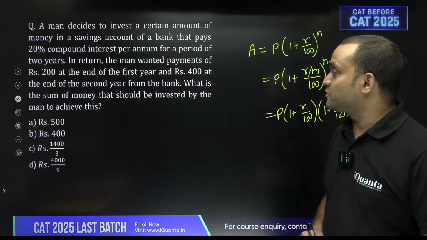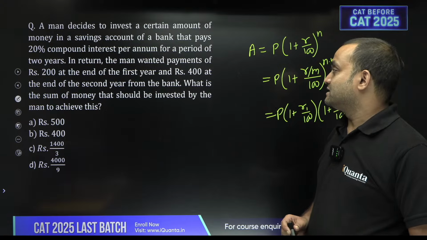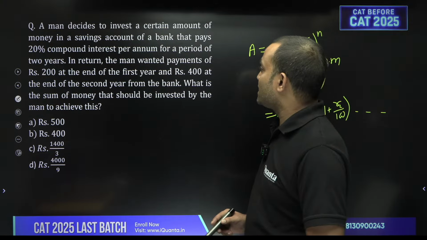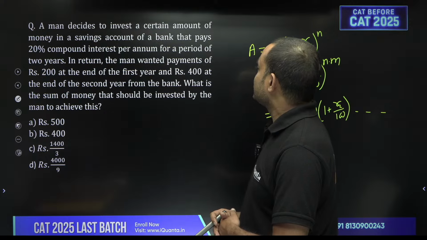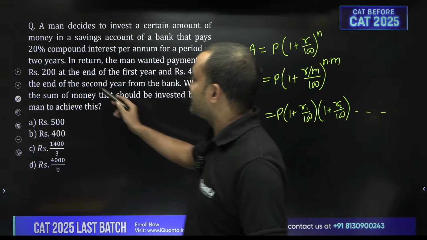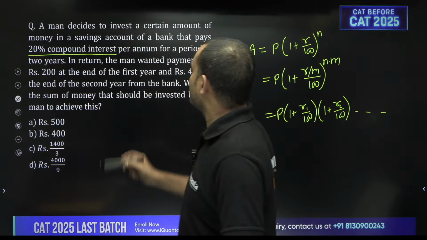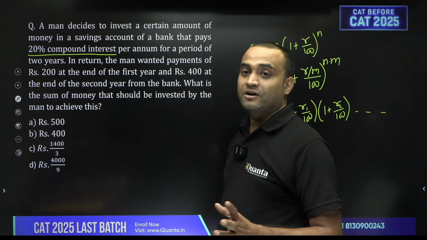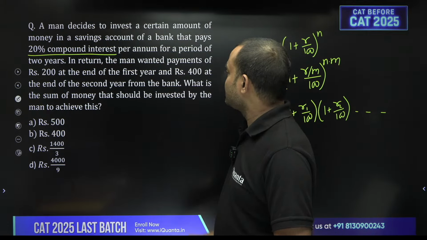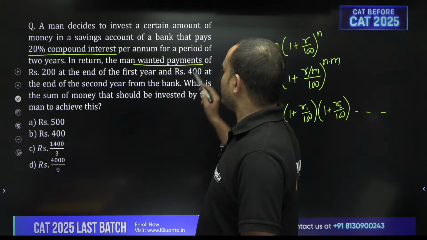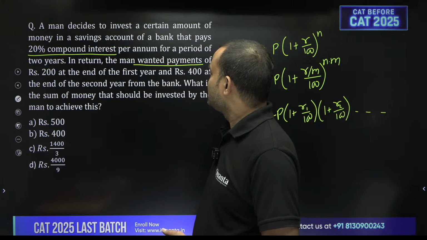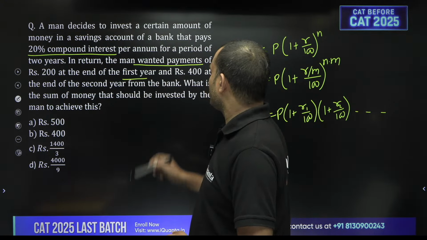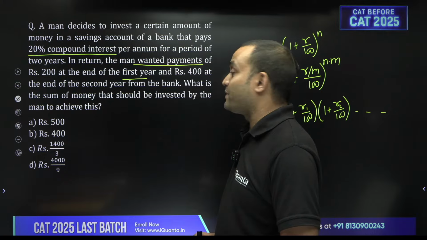So what's the answer for this question? A man decides to invest a certain amount of money in a savings account of a bank that pays 20% compound interest per annum for a period of 2 years. In return, the man wanted payments of 200 at the end of the first year and 400 at the end of the second year from the bank.